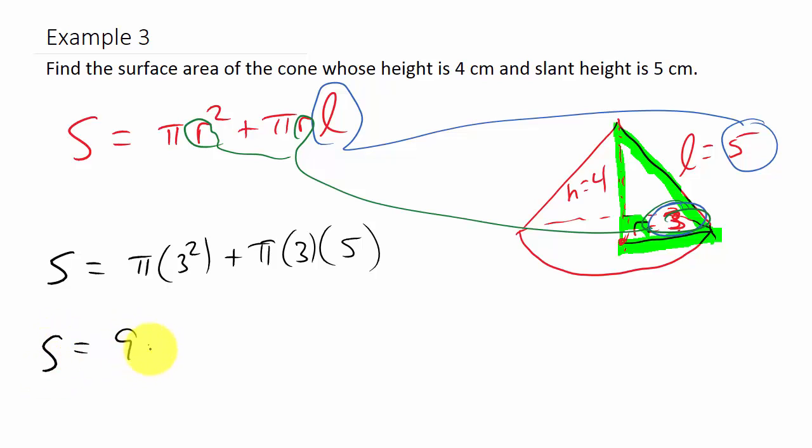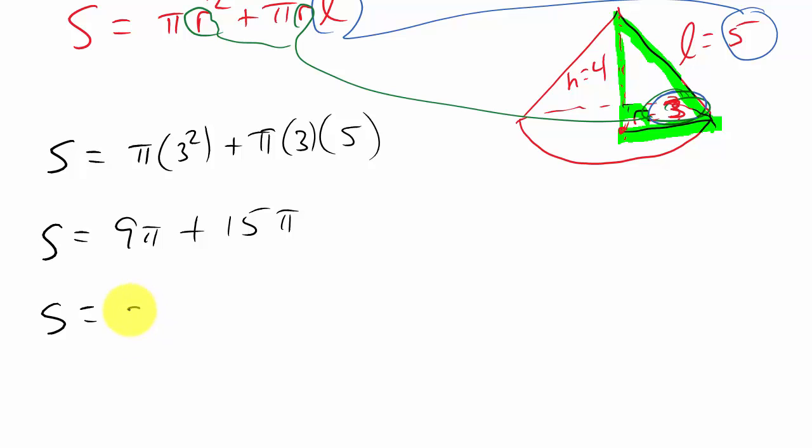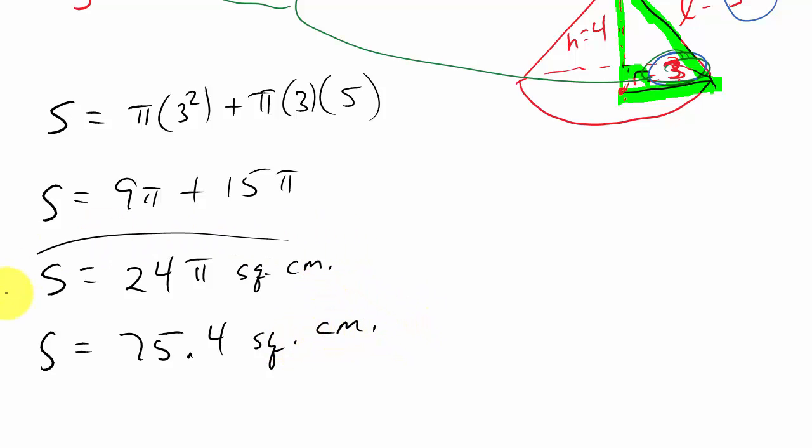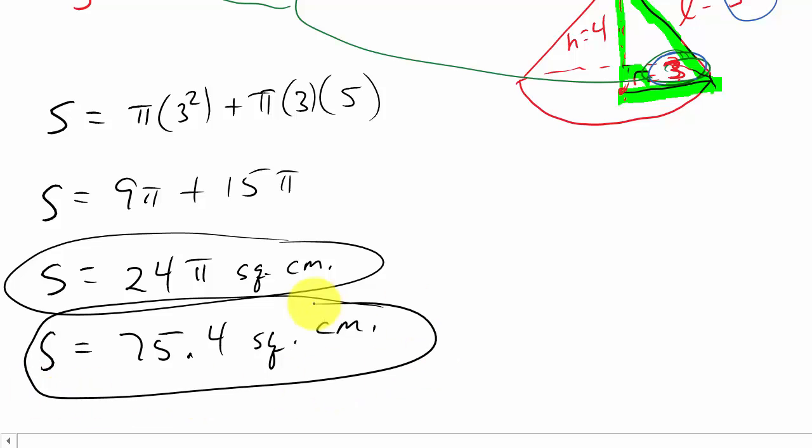And so the surface area is 9 pi plus 15 pi, and so the surface area is 24 pi, and we're in centimeters, so that's going to be square centimeters. Okay, and then if we punch that into our calculator, rounding to 1 decimal place, that would be 75.4 square centimeters. So depending on what form your teacher wants it in, you leave it in either form.